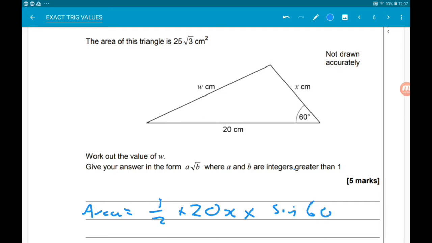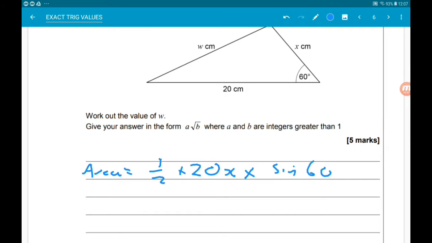Now, 1/2 times 20 is 10. So this is 10x times sine of 60. Now, sine of 60 is root 3 over 2.